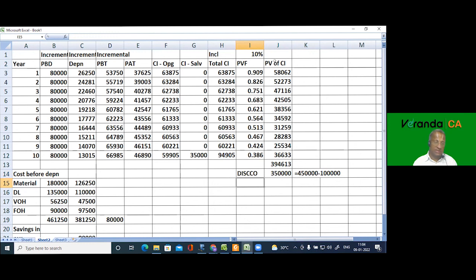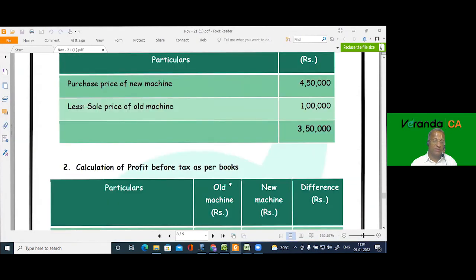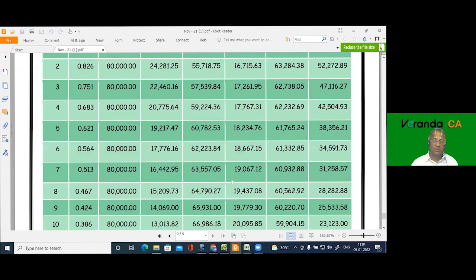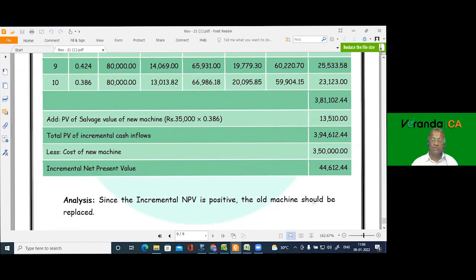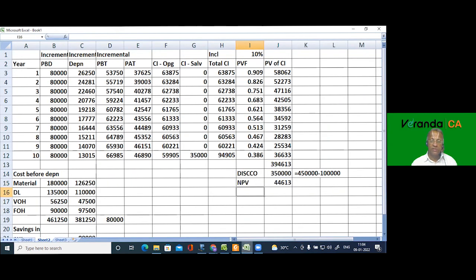So this results in an NPV of 44,613. I think they should have arrived at this value only. This is the way we have answered. So we took just 4 minutes extra, but initially we could not start immediately. So with that, 3 problems are getting over.